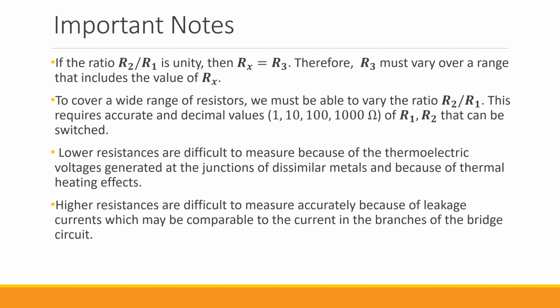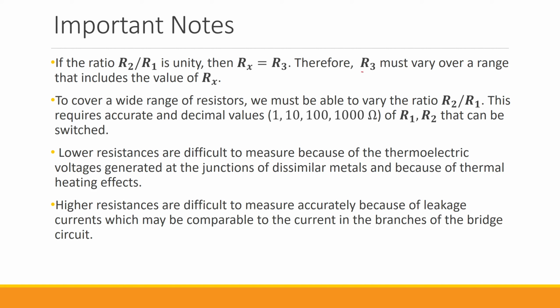There are some things that you need to consider when designing a Wheatstone bridge. The first thing is that if the ratio R2 over R1 is unity, or 1, then Rx equals R3. In that case, R3 must vary over a range that includes the value of Rx, right?